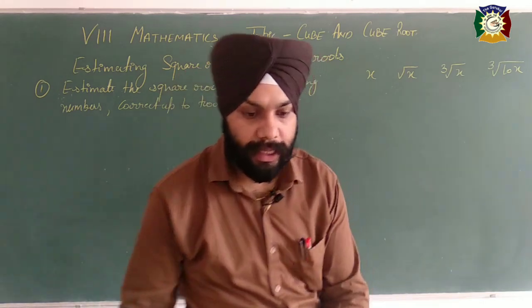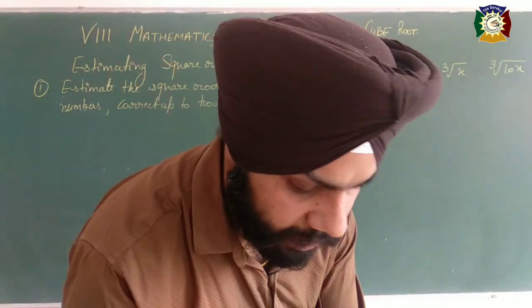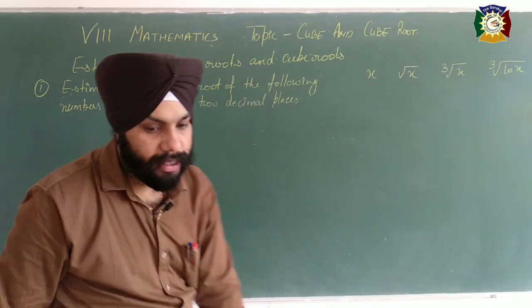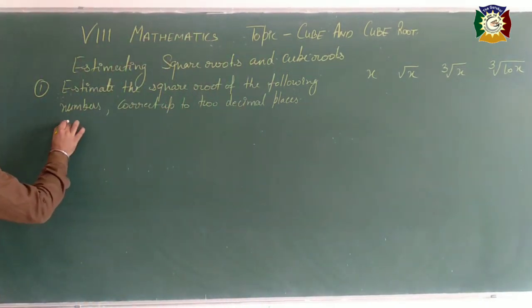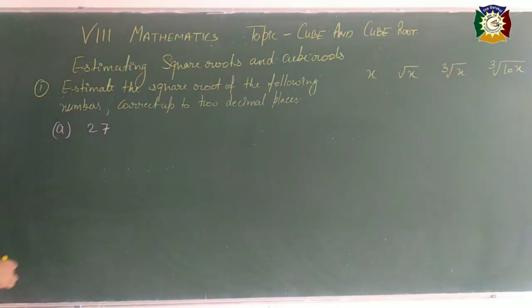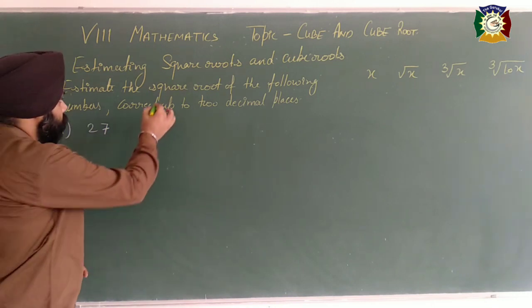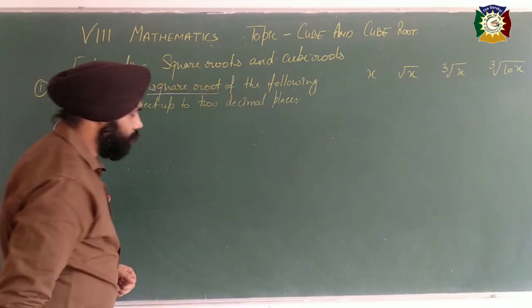The first question, A, is 27. We have to estimate the square root of 27.